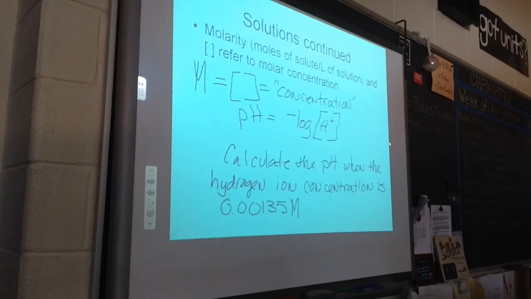People, figure out pH. That thing that I put up there on the screen, figure that out. Use the concentrations up there, while I get in this broom cart.